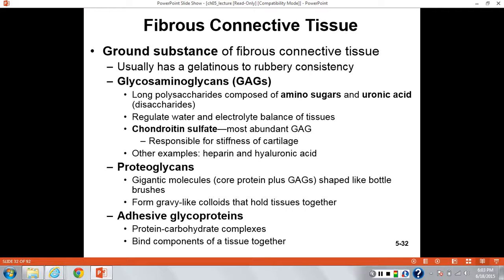You have what we call glycosaminoglycans and proteoglycans from this standpoint. And the purpose of these things is to do what? They regulate, they protect, they allow adhesiveness, they allow filtration to take place, they provide shape and support.